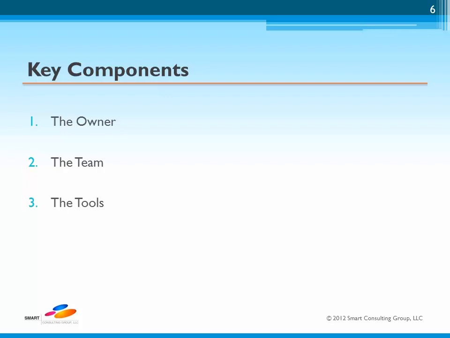The team should be constructed cross-functionally and incorporate members of all aspects of the production functionality. So this should include members from production, engineering, project management, quality assurance, quality control, IT, and in some cases human resources. Let's talk about some of the tools.